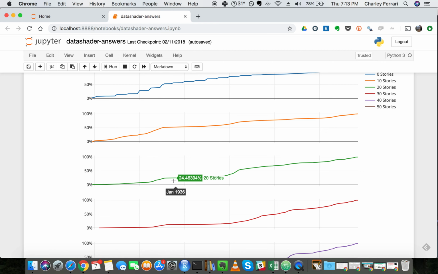Maybe that's the cutoff that we want to use to define earlier buildings of a certain height. So if we wanted to do something like that, we could see 20-story buildings hit that 25% threshold around 1939. With 30 to 40-story buildings, you end up not crossing that until 67.